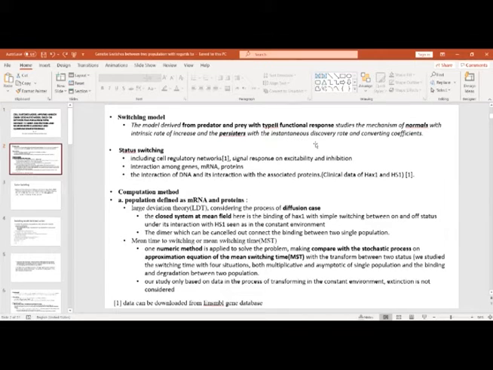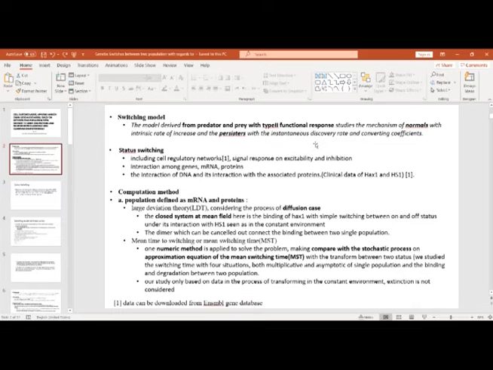Our first one is the mRNA and the proteins, and also the interaction of DNA and associated proteins. In this paper it is the HEX1 and the HS1 cell.